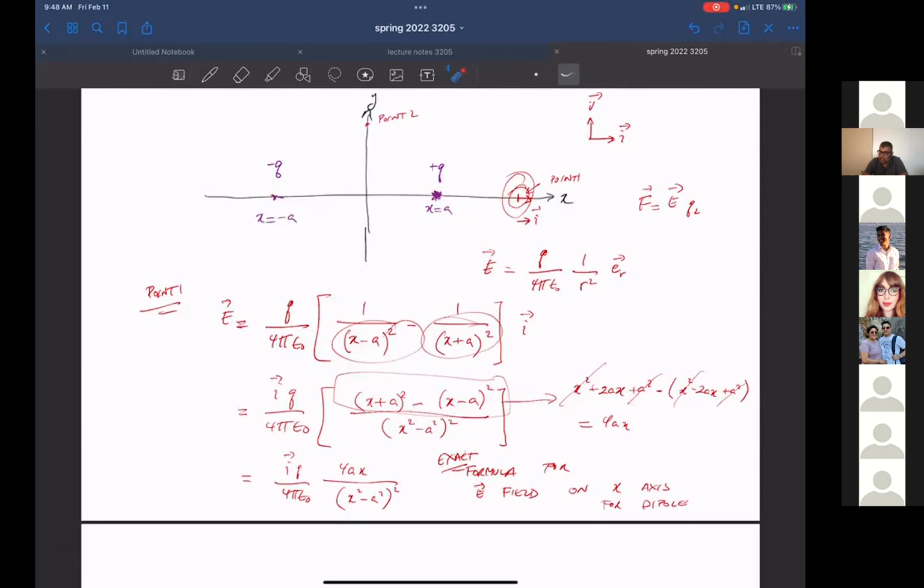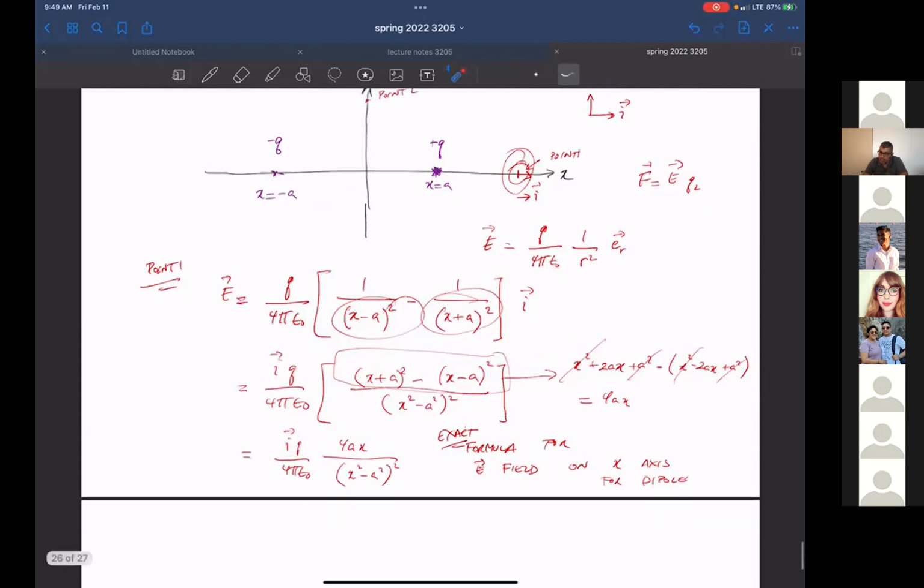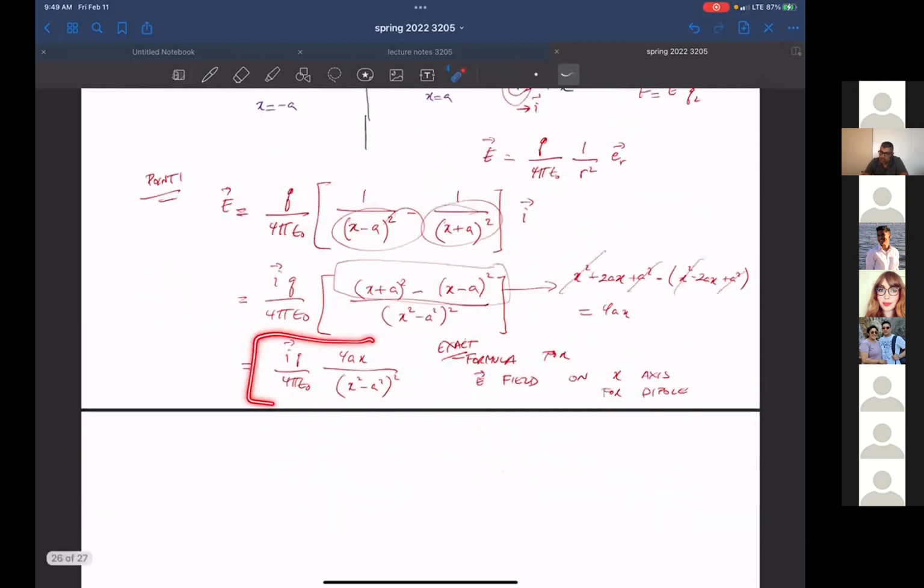I'm not doing any trig with the vectors. They're lined up on top of each other, so it's easy to sum them. But I'm still keeping track of the electric field direction using this i vector. So that gives me some exact number.